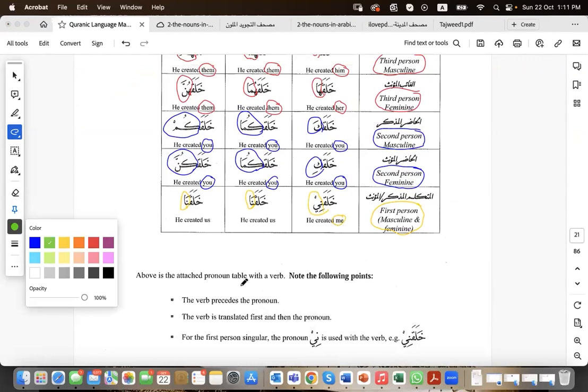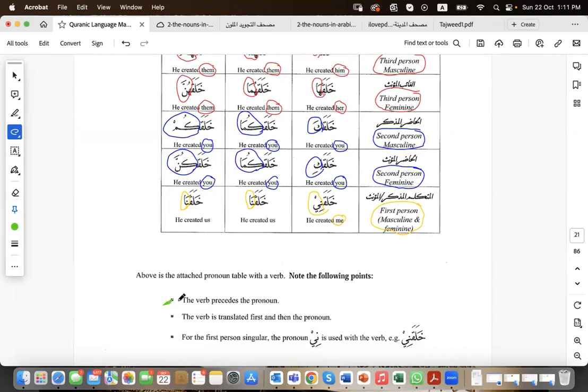Above is the attached pronoun table with a verb. Note the following points. One, the verb precedes the pronoun. Again, as we have mentioned earlier, attached pronouns always come at the end of the word they are attached to.